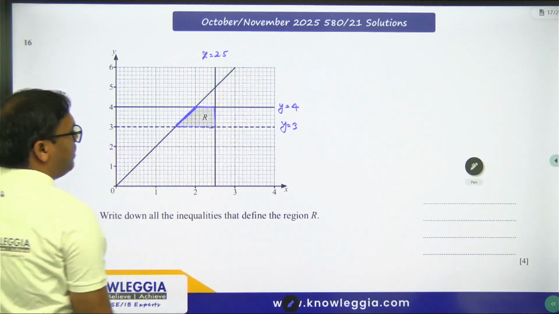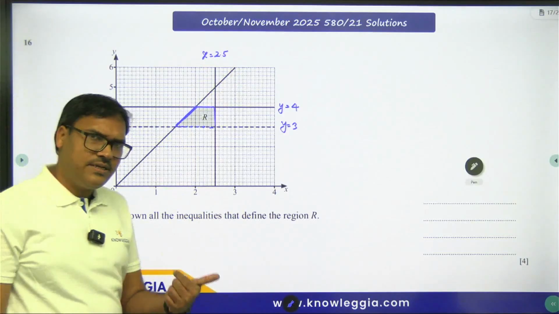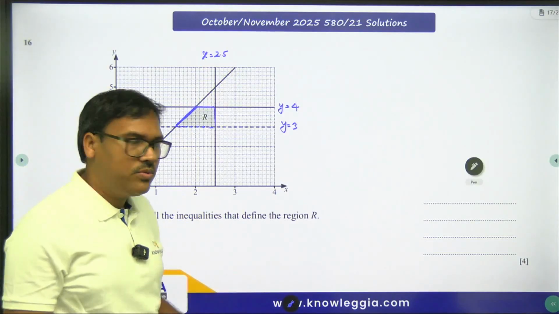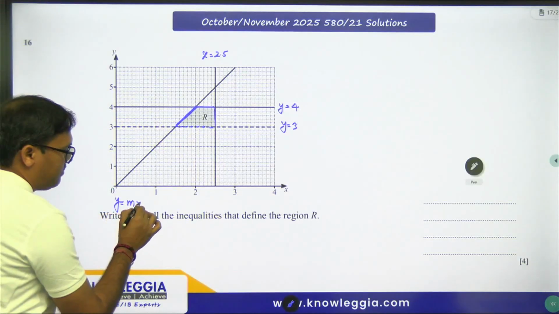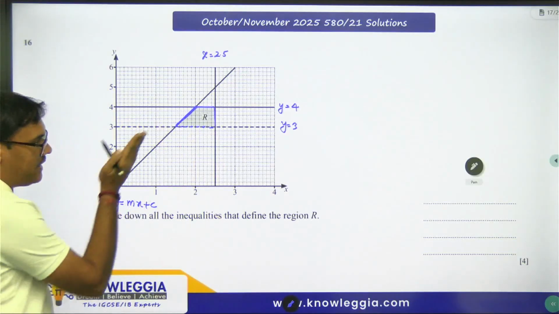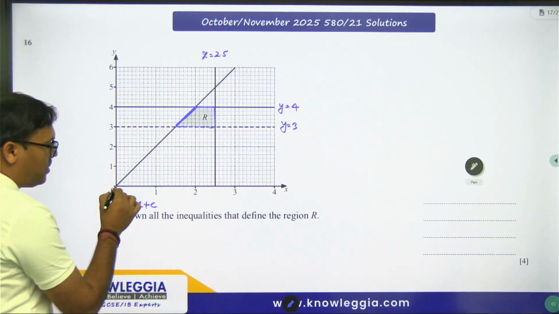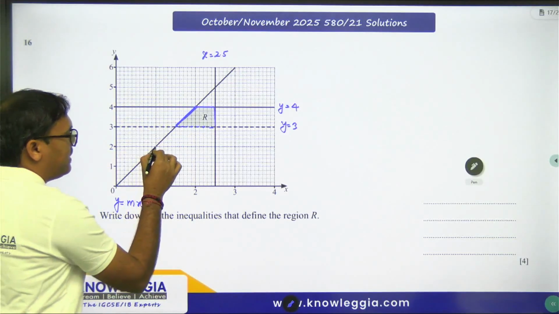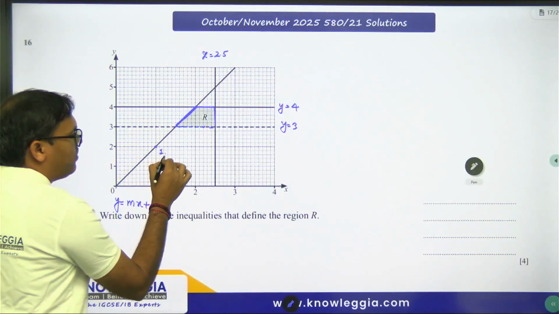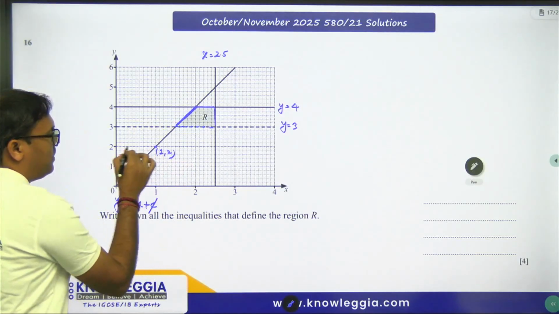Now, to write the equation of this line, you just need the y-intercept and slope. So y equal to mx plus c, right? Inclined line. Now, c is 0 because this is passing through the origin. What is the gradient? I can take this point, 1 comma 2, x equal to 1, y equal to 2.